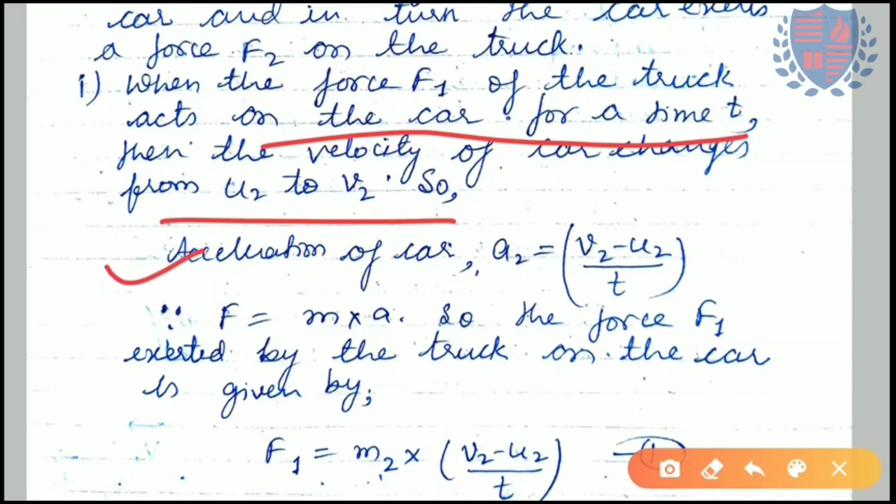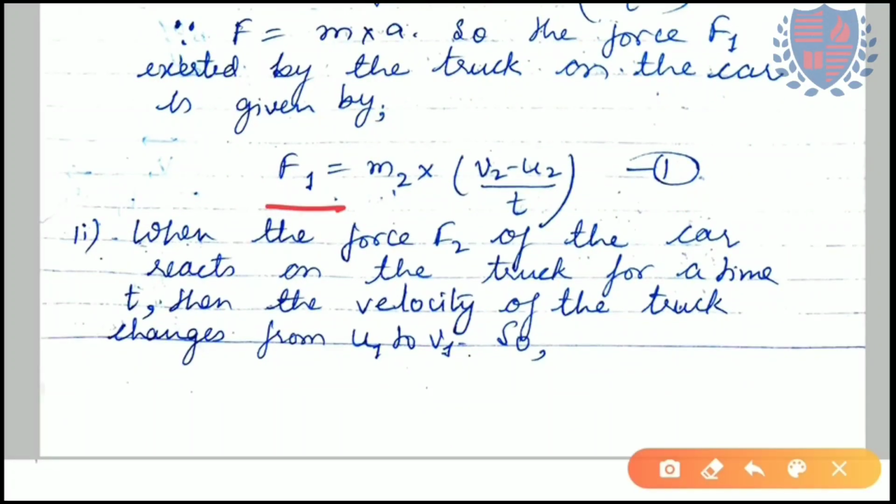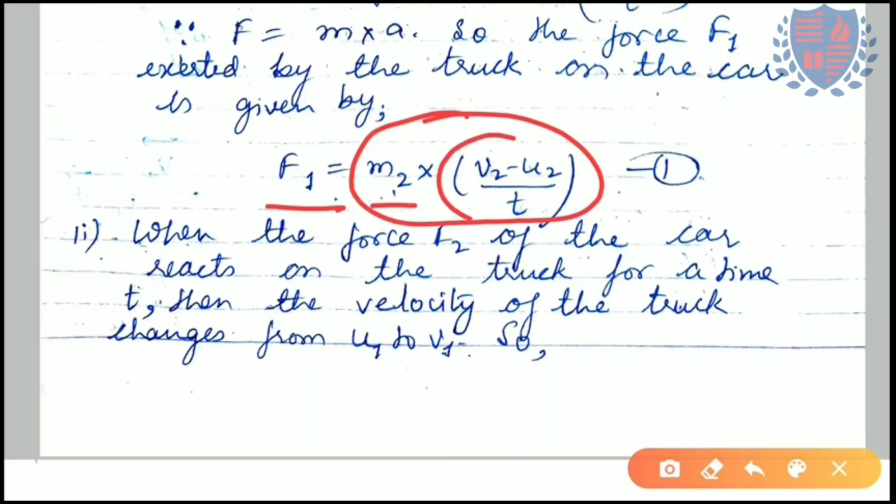So the acceleration of the car will be (v2 minus u2) upon t. Force is equal to mass into acceleration, so F1, the force exerted by the truck on the car, is m2 times (v2 minus u2) divided by t.